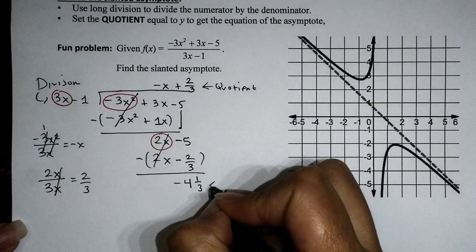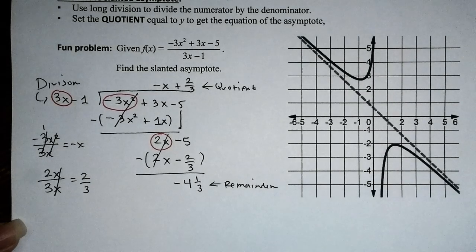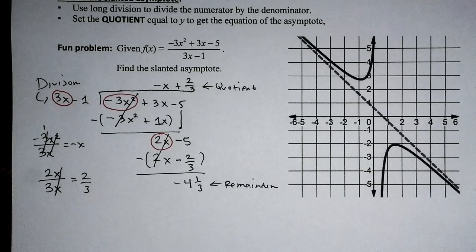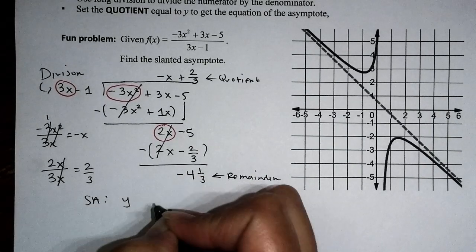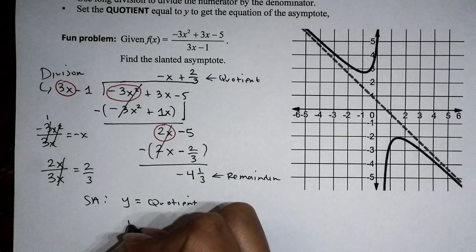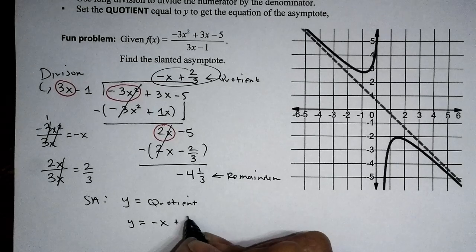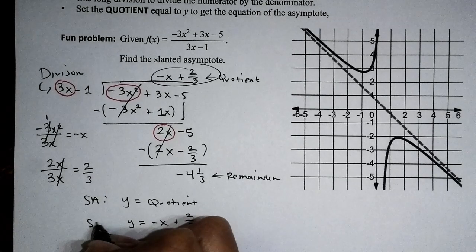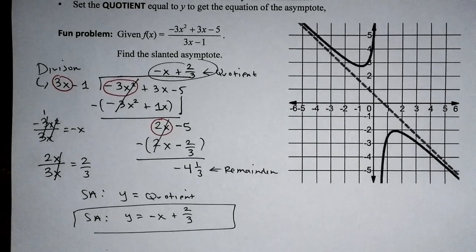And then our leftover entry is the remainder. So the question is, we did the tough work, but where's the equation? The equation of the slanted asymptote is given by y equals whatever you got for the quotient. So in this case, the quotient is negative x plus 2/3, so the slanted asymptote is given by y equals negative x plus 2/3.